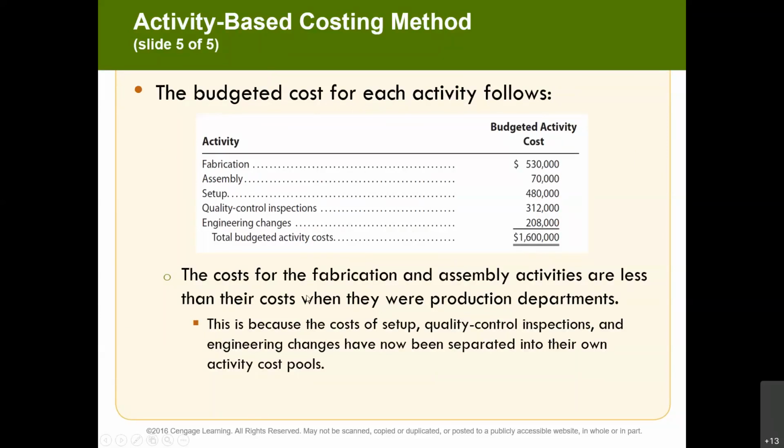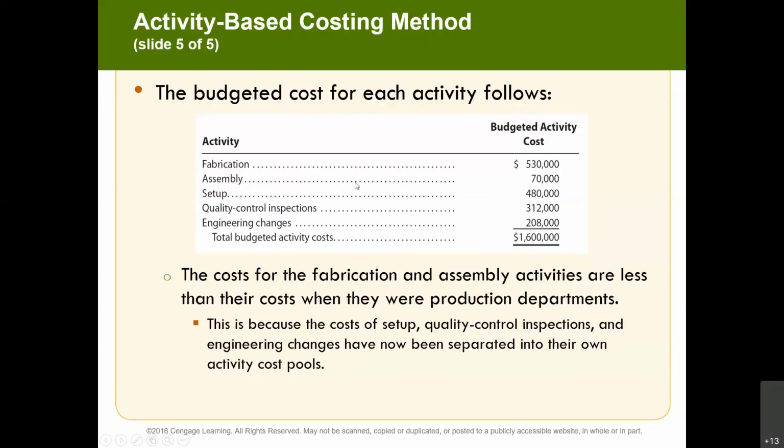The costs for the fabrication and assembly activities are less than if they were production departments, because you remember that fabrication and assembly were their own departments, making up the $1.6 million. So instead of them being their own departments, we broke them out into activities, which are essentially functions of production of each unit.